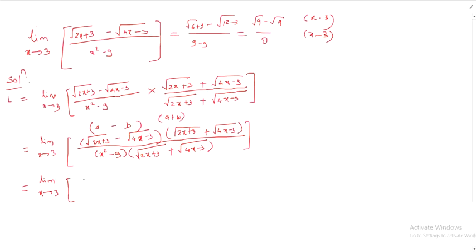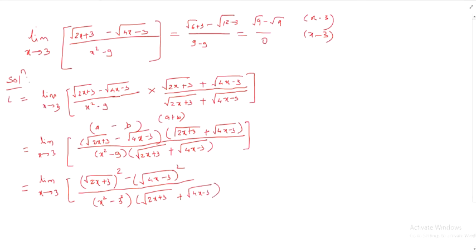Therefore its simplification is like a square minus b square, that is 2x plus 3 bracket square minus under root 4x minus 3 bracket square upon, now x square minus 9 has factors x minus 3 into x plus 3, or for more simplification, first I can write x square minus 9, that is 3 square into root 2x plus 3 plus under root 4x minus 3, isn't it?